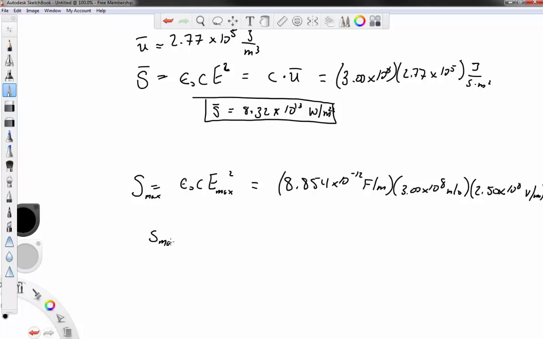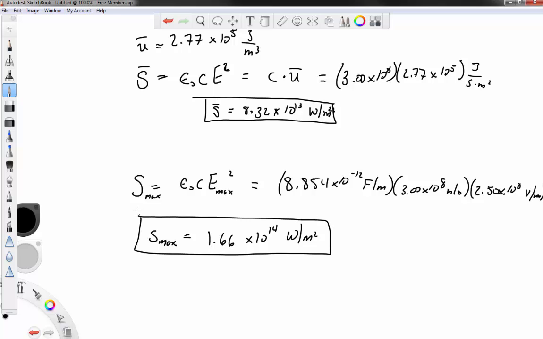So if we multiply all of those out, what we end up getting is about 16.6 times 10 to the 13, or 1.66 times 10 to the 14 watts per meter squared.